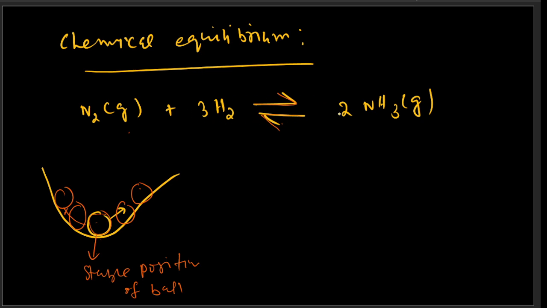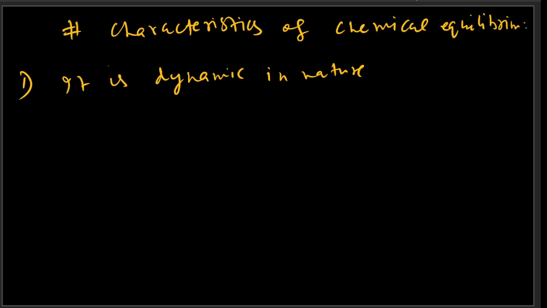So here the movement of molecules is happening, but it looks like it's not happening because they achieved equilibrium. So this is a type of dynamic equilibrium. The chemical equilibrium is dynamic in nature, that is, the rate of forward reaction equals the rate of backward reaction.